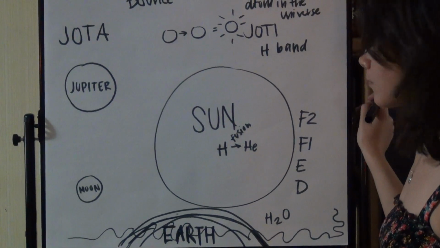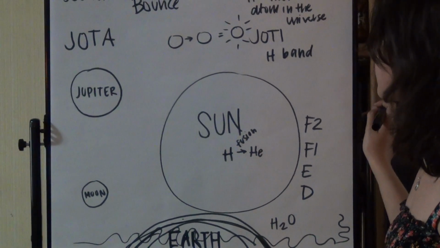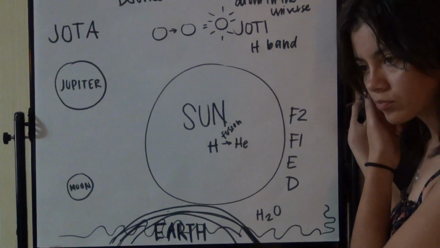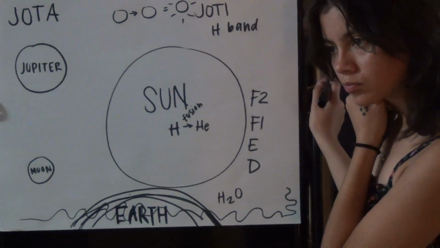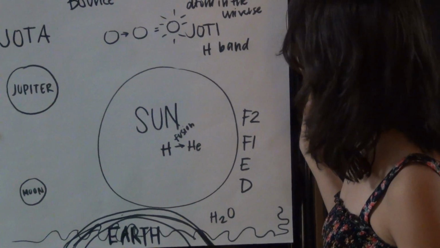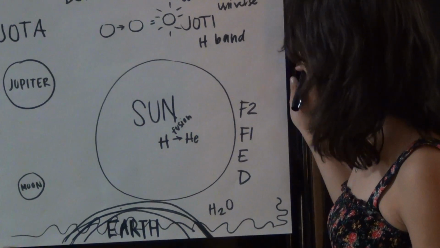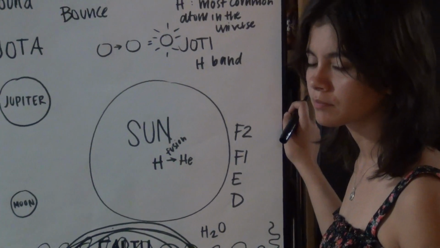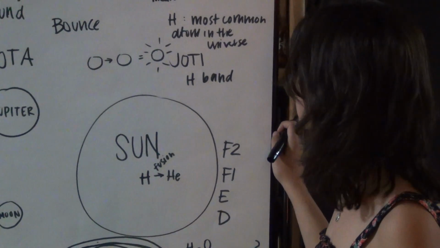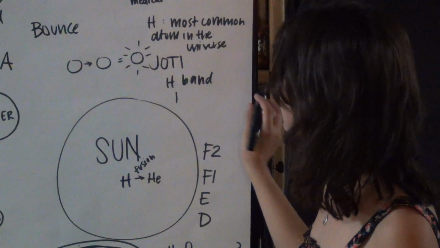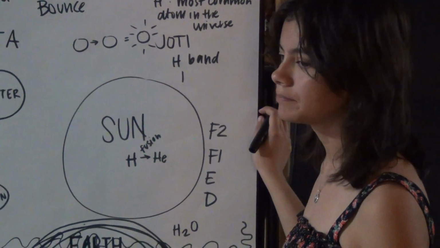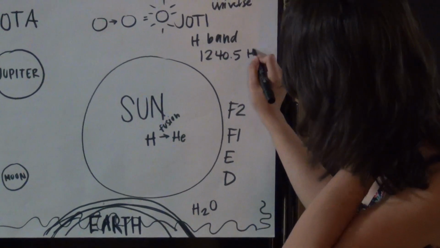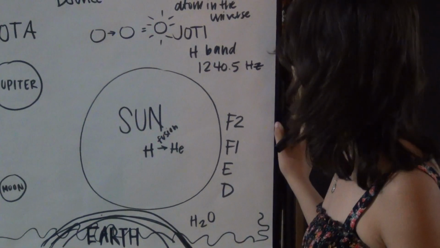Now JV, from your standpoint, probably the week after next with the parabolic antenna, that's what we'll be looking for: the hydrogen band, and we'll show you mathematically how they decide what the frequency is. That frequency is about 1240.5. Write that down.